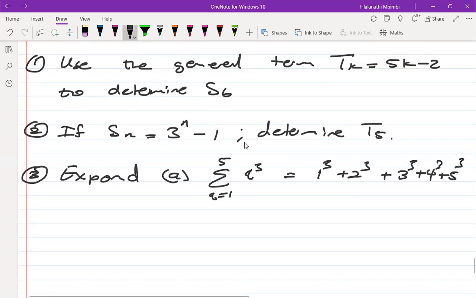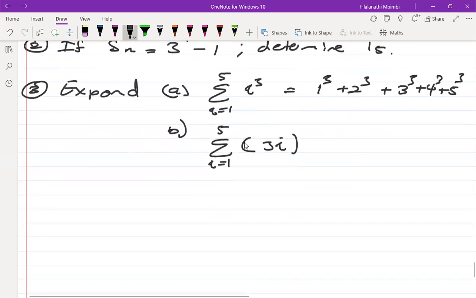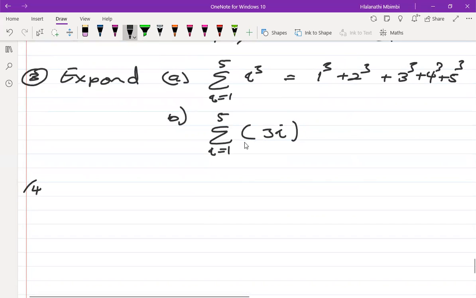Done. You've just expanded it. So I've kind of done number 1 for you, just for you to get a sense of what's happening. And then you can expand that, and then you can evaluate.